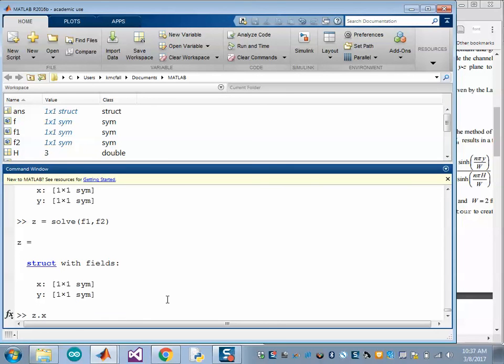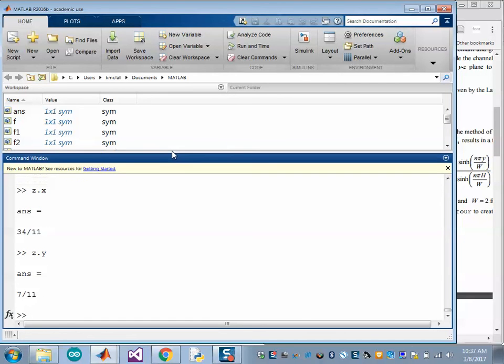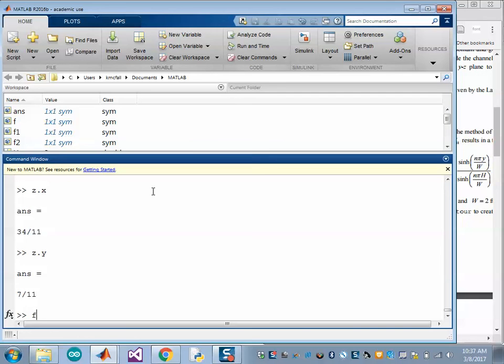I have my structure z, and I have my data member x, so if I do z.x, that will tell me what the x data member is, and z.y will tell me what the y data member is. So the answer to this, f1 and f2, those two equations, the solution for x and y are x equal to 34/11 and y equal to 7/11.